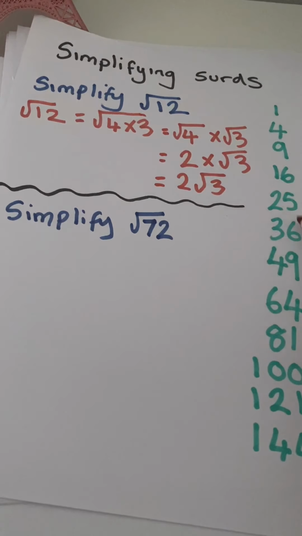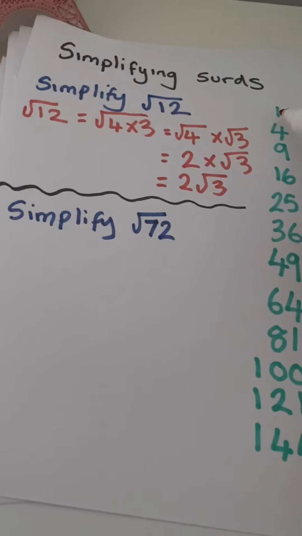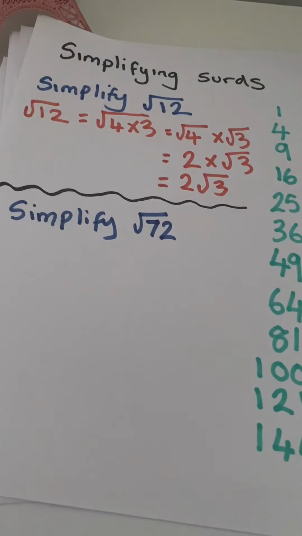I need to go and work through the list of my square numbers to see what is the highest square number that can be divided into 72. So 72 divided by 1 works, but that's not going to be it.